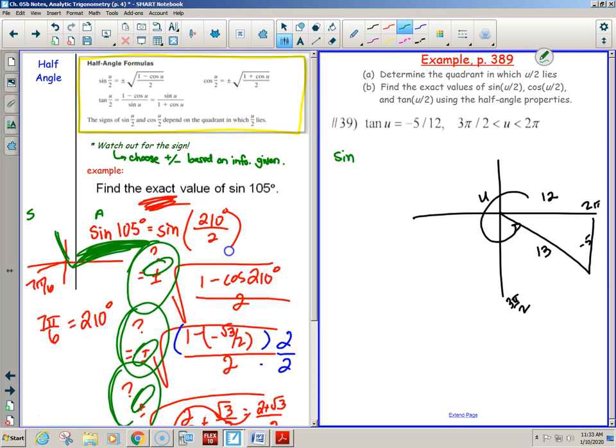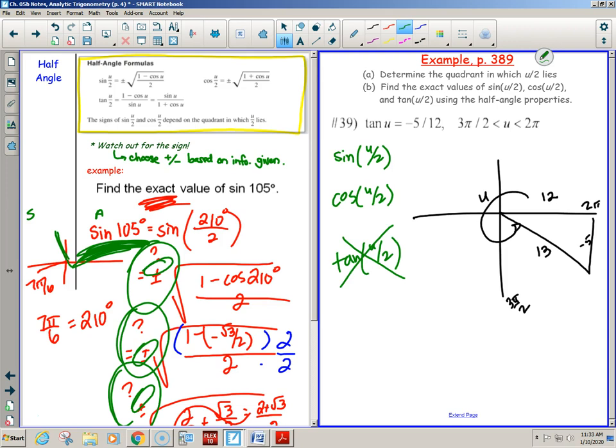So when you're doing sine of u over 2 or cosine of u over 2, and needing to plug into the formula from this triangle whatever trig you need, my question is, well, hold on, tangent, I can just plug into tangent, and whatever sign occurs is the correct sign. So I don't have to choose for him. I have to choose for these.